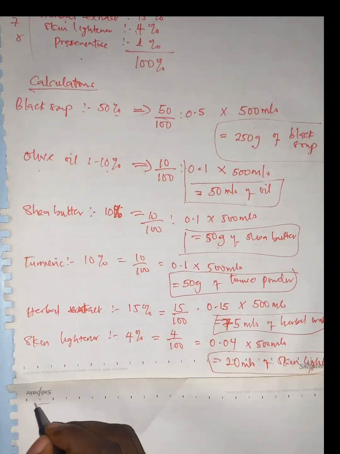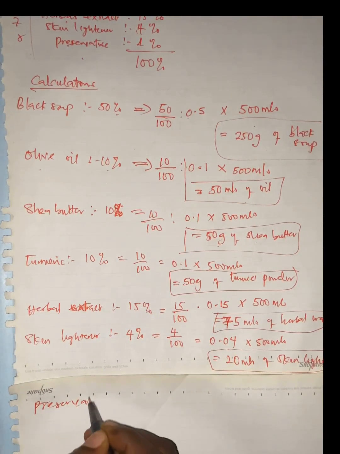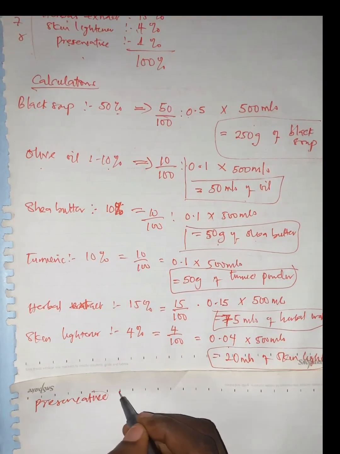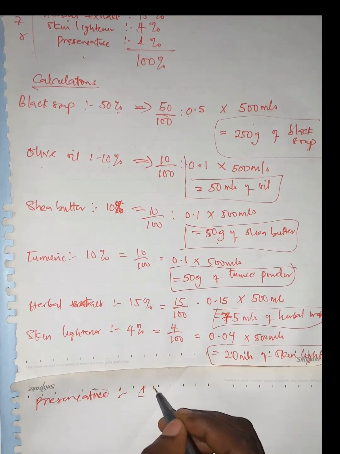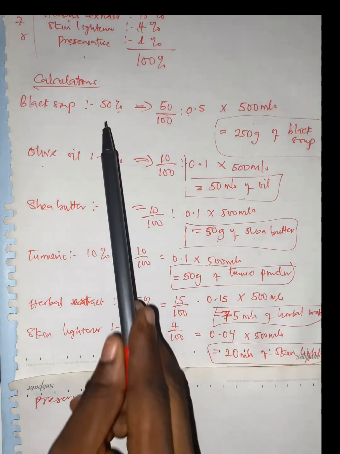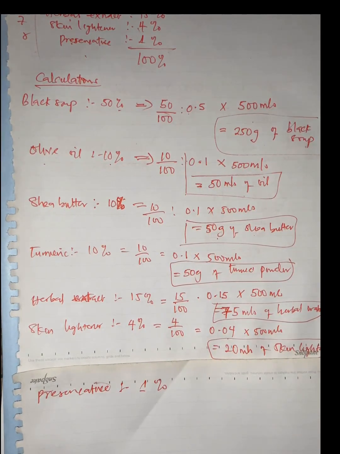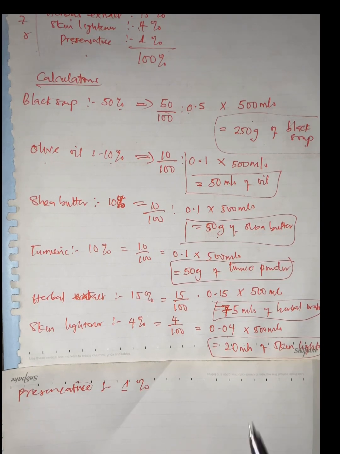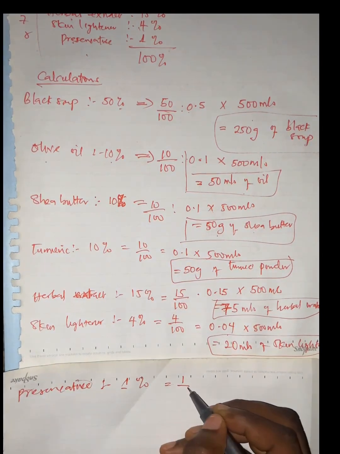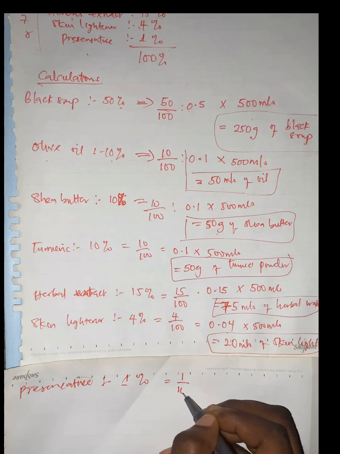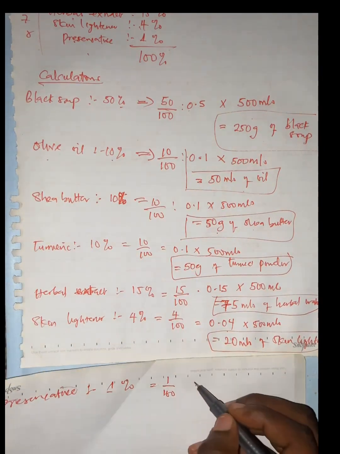Last but not least is our preservative. For preservative, they say we should have 1% preservative. Can you guys see 1% preservative? So for 1% preservative, that is 1 all over 100. That is the meaning of 1%.